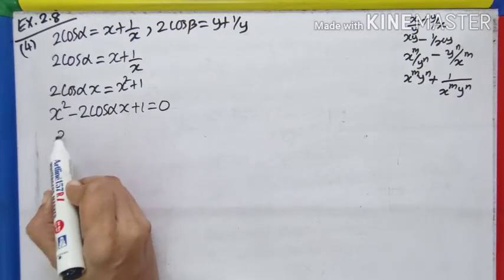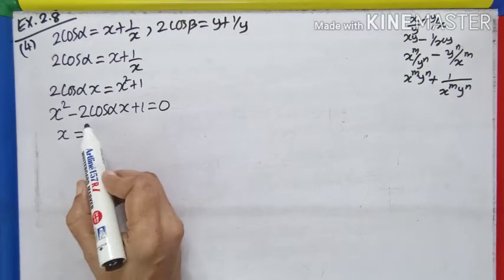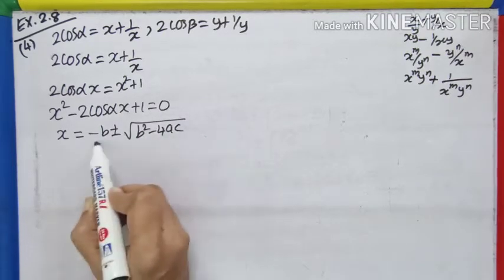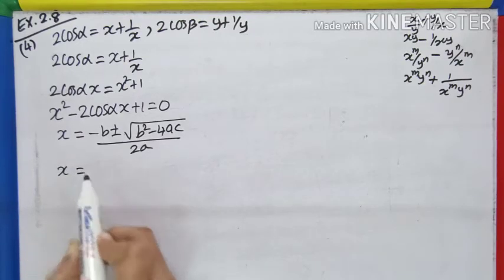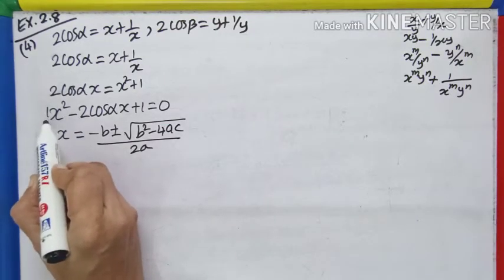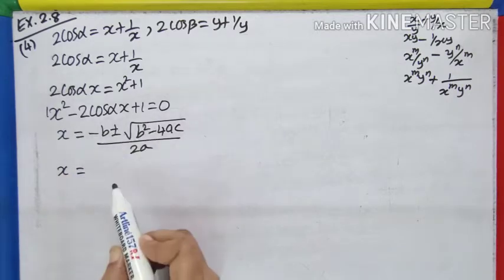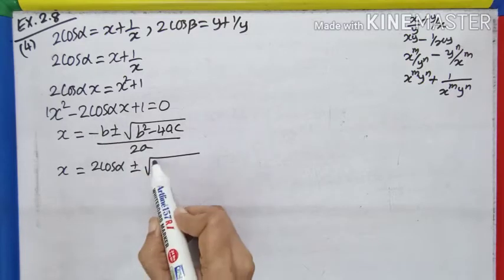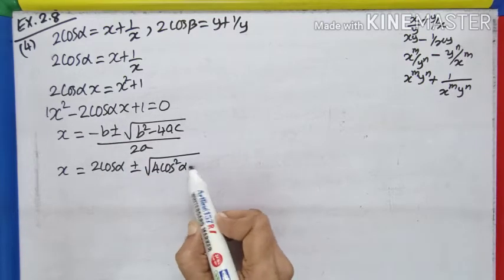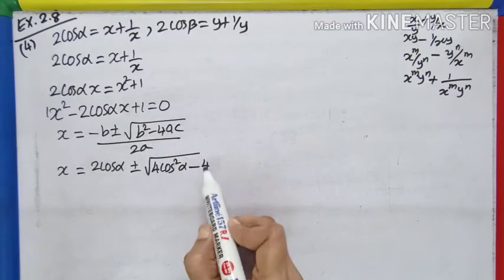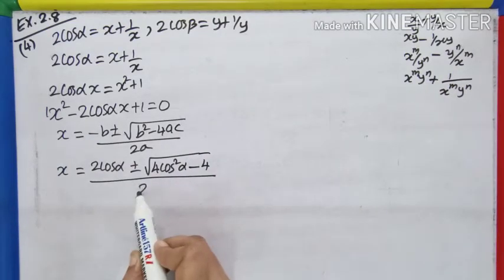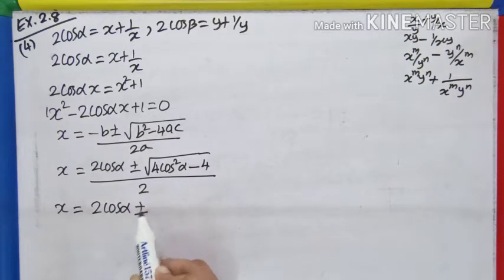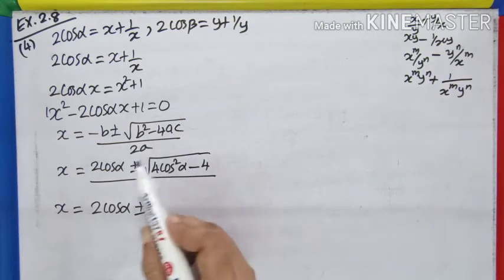What formula is this? x is equal to minus b plus or minus root of b square minus 4ac by 2a. Here this is a value, this is b value, this is c value. x is equal to 2 cos alpha plus or minus root of b square, 4 cos square alpha minus 4 into 1, divided by 2a. Simplifying the answer, 2 cos alpha plus or minus, in both the terms 4 common, take it out.